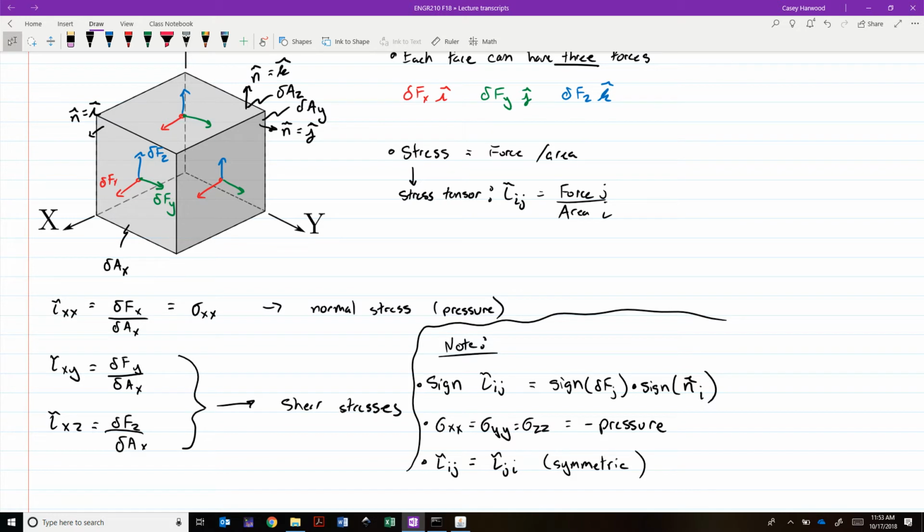Why is it symmetric? There's an identity that we're not going to get into, but as you take the volume of this and take the limit as this cube shrinks down to a point in space, it ends up being that when you set up the equation of motion for rotation, say we've got tau ij and tau ji, these two are going to be creating opposite moments about the center of the box.